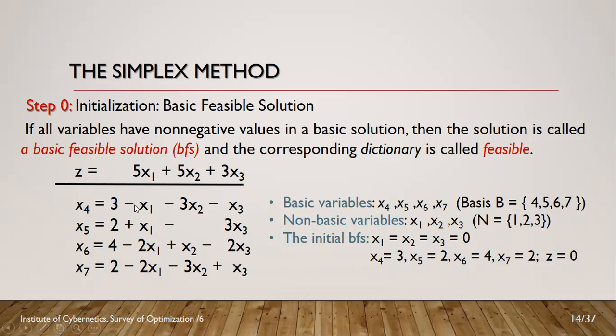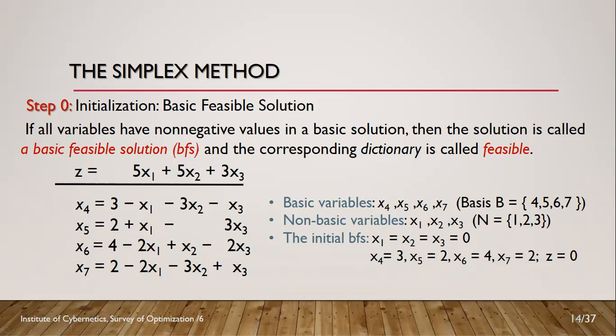So 3 is determined as the ratio of 3 and the absolute value of -1, which is 1. So 3 divided by 1. Here it is positive, so we ignore it. Then in row 3, we cannot increase x of 1 by more than 2, because this is the 0 value which will appear. So the limit of increasing x of 1 will be 4 divided by the absolute value of 2.